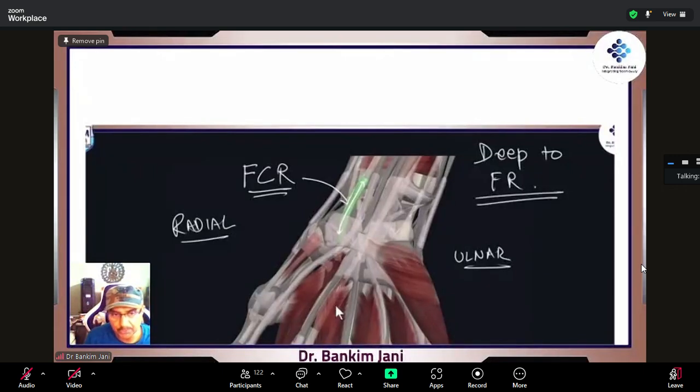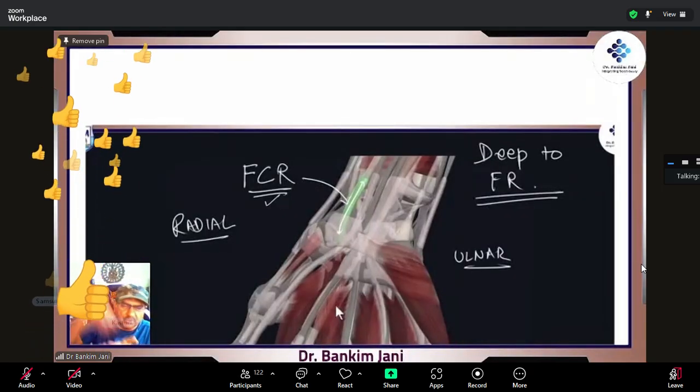Now it comes to carpi. Remember, carpi will be landing on carpals. So flexor carpi radialis and flexor carpi ulnaris, where will they be inserted? On carpal bones, which are right inside, deep.